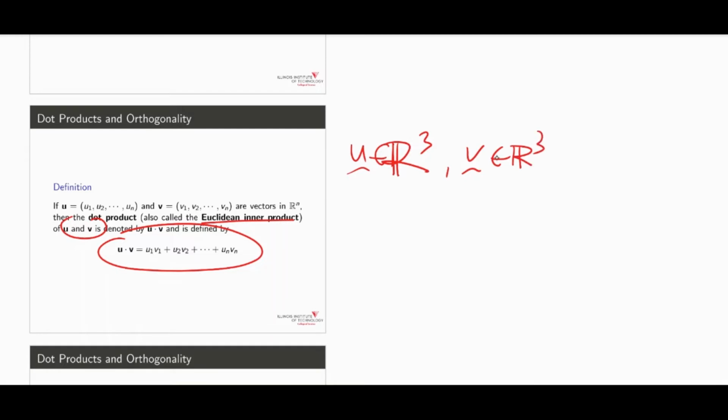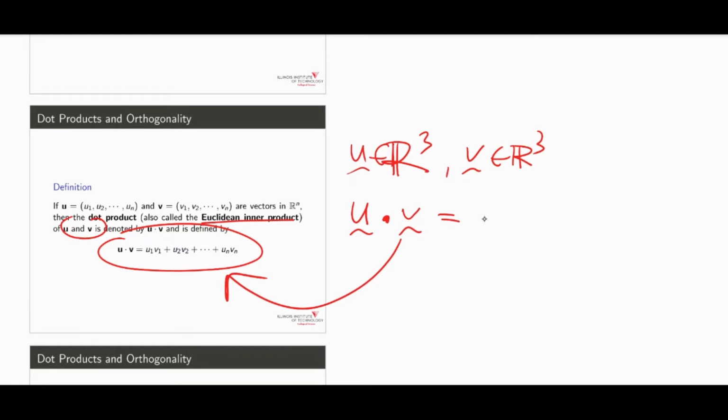So suppose you have two vectors in Rn. The dot product, sometimes also known as the Euclidean inner product, of these two vectors is defined like this. If you have a vector u in R3 and another vector v in R3, then u dot v, that's how we say it, is defined like this.